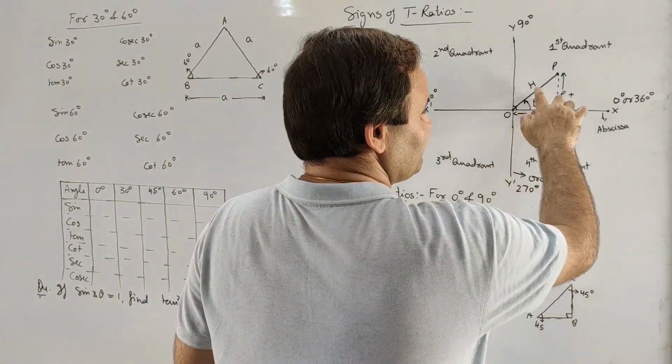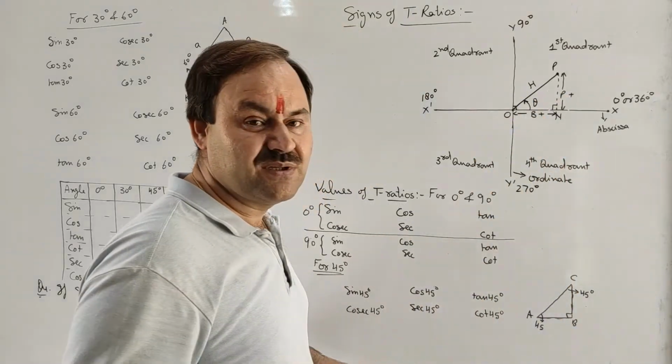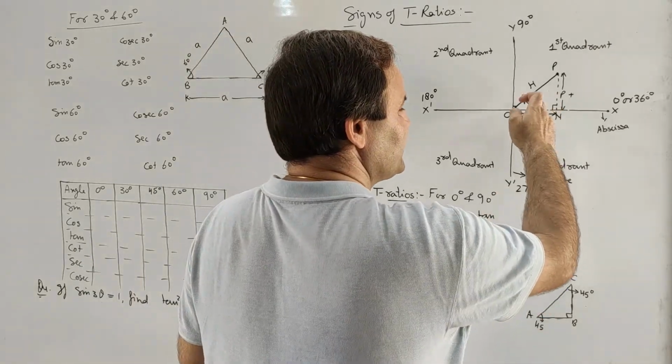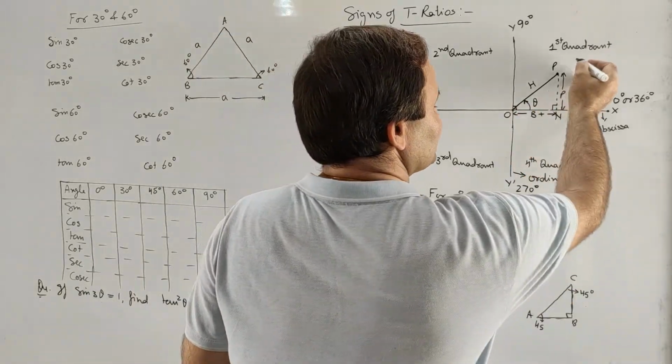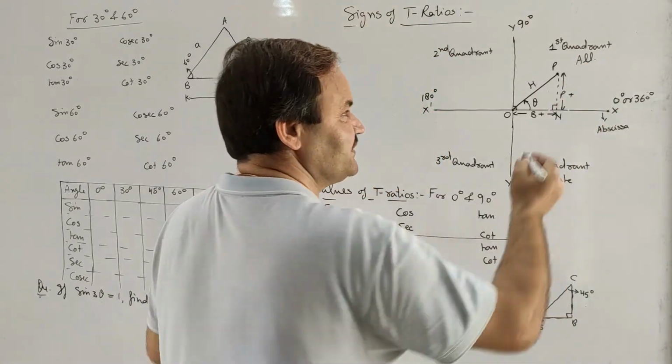So in first quadrant, perpendicular, base, hypotenuse all are positive. Since they are all positive, all T ratios in first quadrant will be positive.